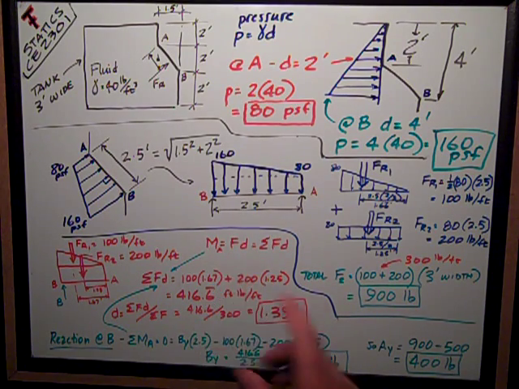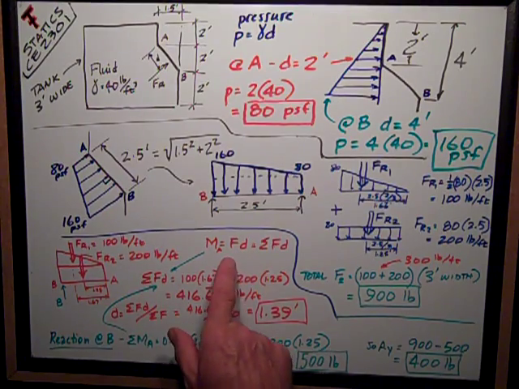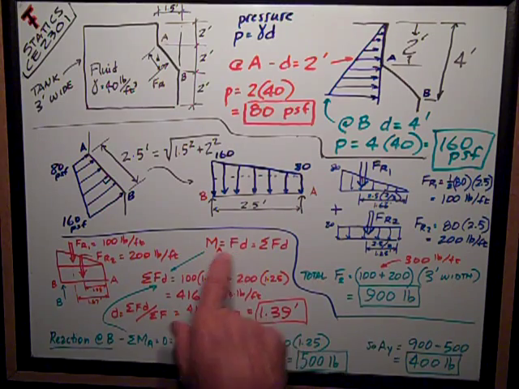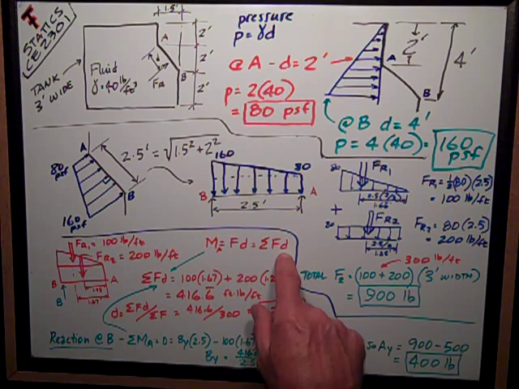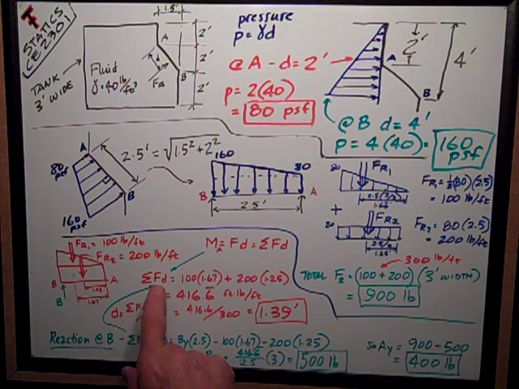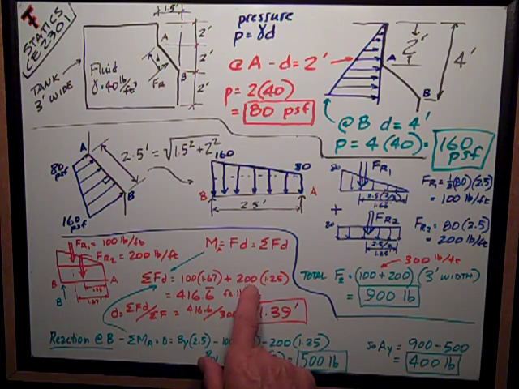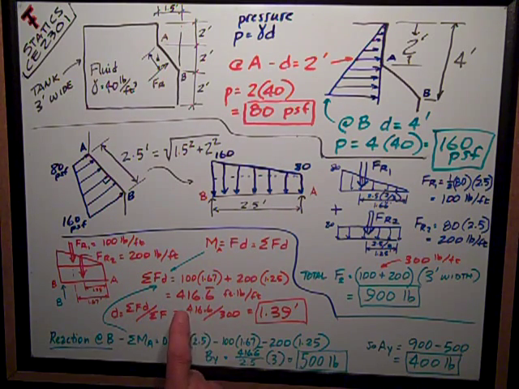So just like I figured my centroids and my resultants for the last 2 months in this class, I just want to sum moments about point A, which is going to be the summation of the forces times the distance. I add them up. The summation of FDs is 100 pounds times 1.67 feet from A, plus 200 pounds times 1.25 feet from A.